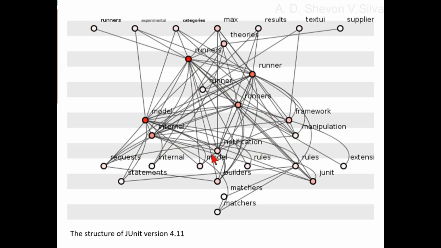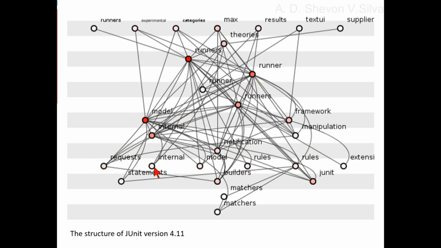Here the notification interacts with framework, runner and results, max, runners, model, internal, model and builders. Here request interacts with manipulation, internal, runner and model.